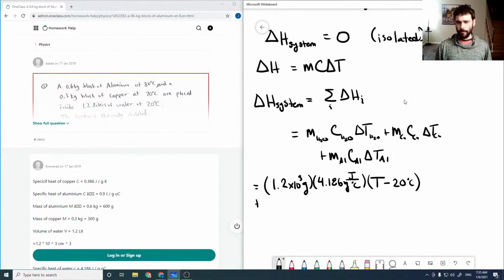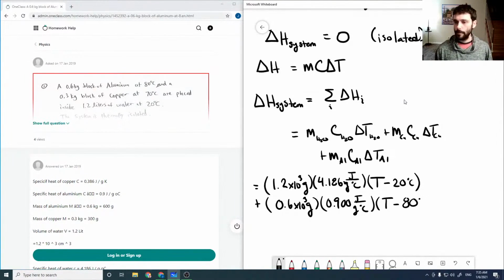So that's our water. Now our copper, 0.6, 0.9, T minus 80 degrees Celsius, and our aluminum.